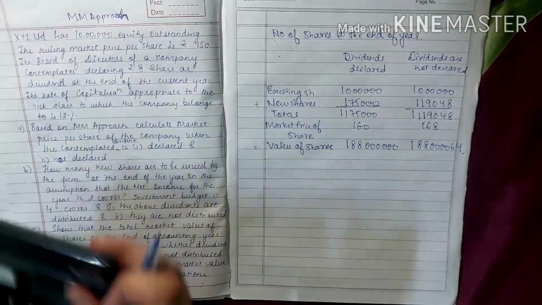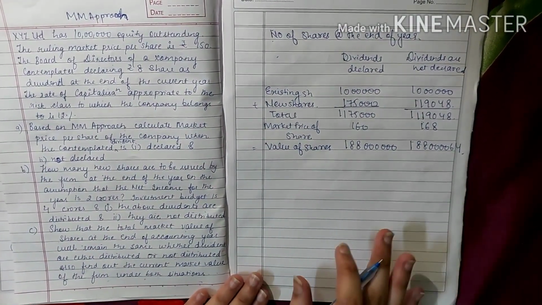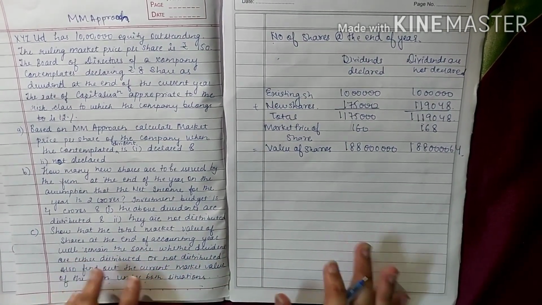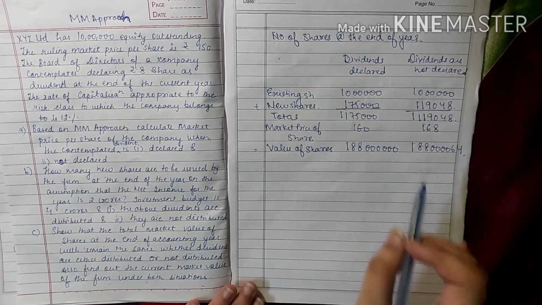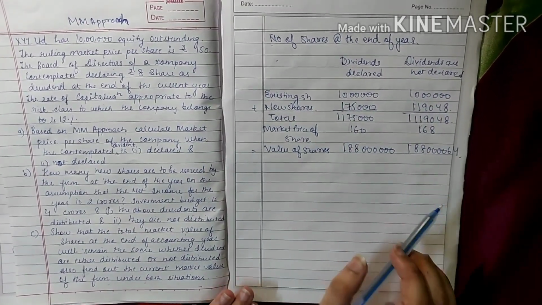Now you can see that the value of the shares is quite similar. Hence we can say that the total market value of the shares at the end of the accounting year remains the same whether the dividends are declared or not declared.